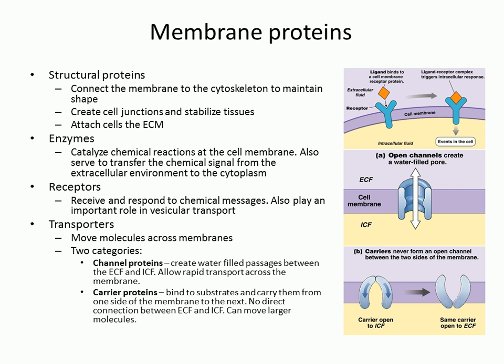We have structural proteins that allow us to maintain shape. These are cytoskeletal elements, things that create cell junctions and stabilize tissues, and they allow cells to attach to the extracellular matrix, the glycocalyx plus any of the proteins found outside the cell. That's what we refer to as a structural protein.